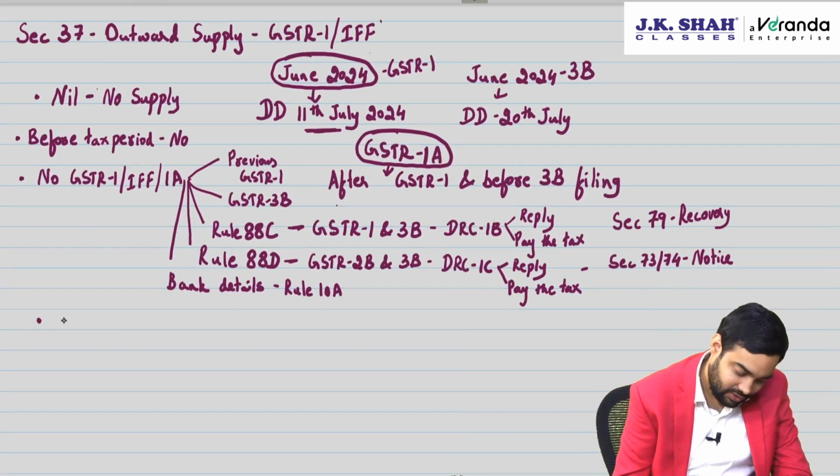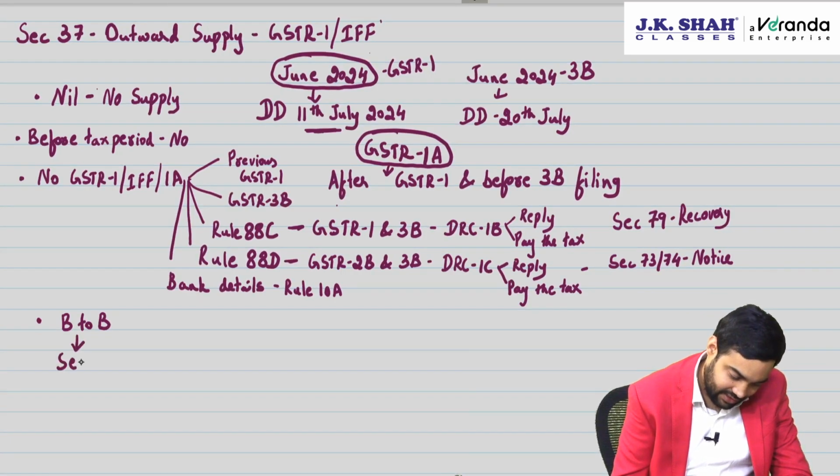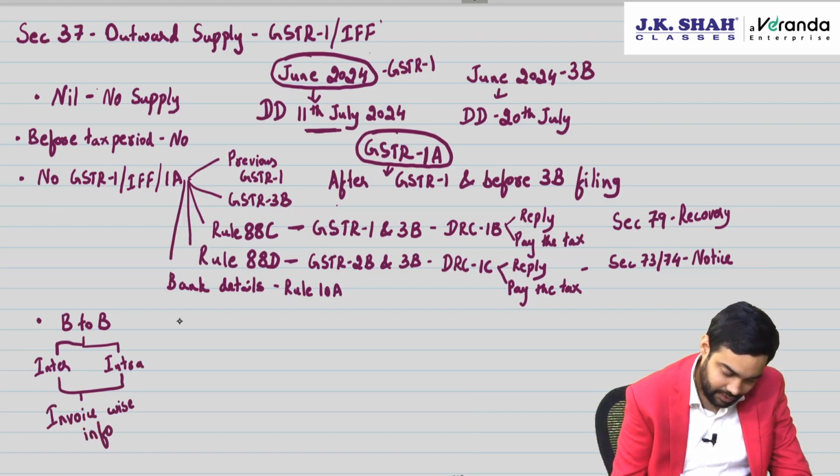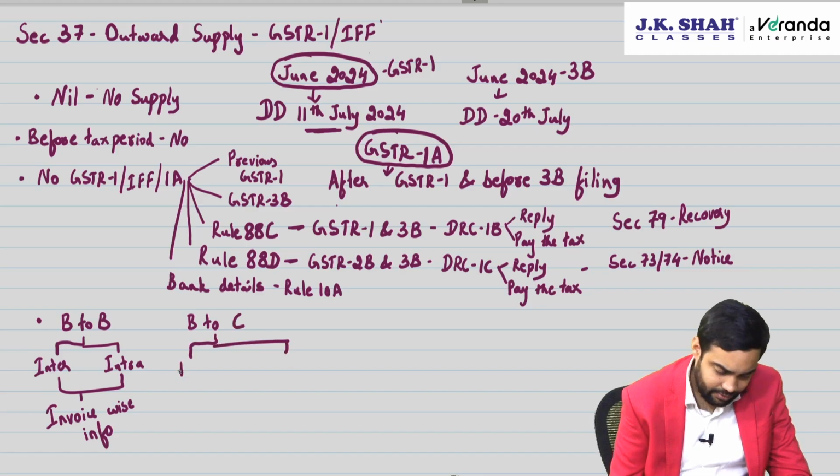Now when it comes to reporting, for B2B you have to report everything separately, whether it is inter or intra. You have to give separate information of each transaction, invoice wise information. But when it comes to B2C, you can consolidate it, but if it is inter and more than 1 lakh, then you have to give invoice wise information.